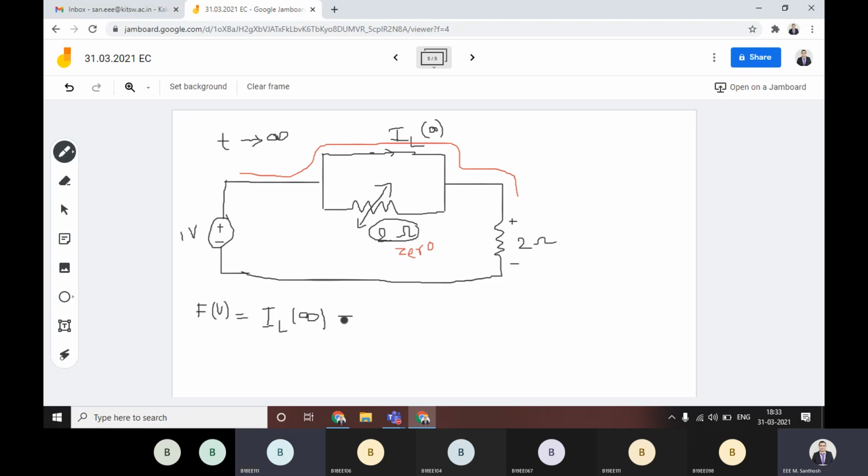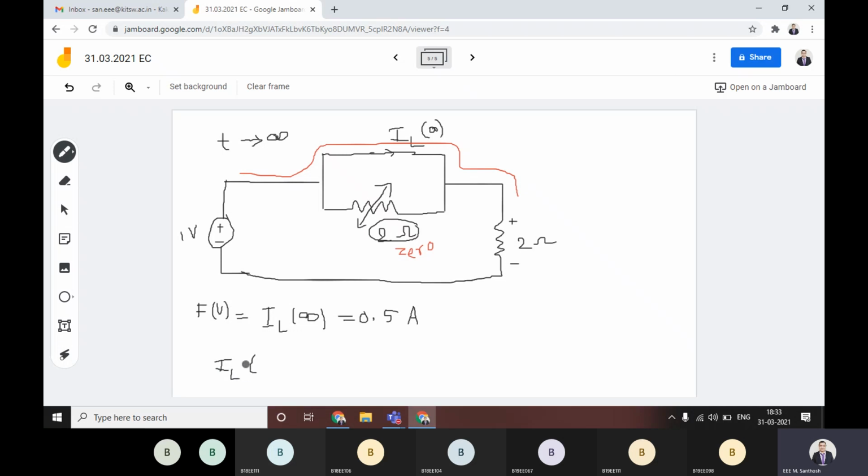Very good. That is actually the final value of the current. How we are getting this 0.5 is simply we have a 1 volt voltage source connected directly to the 2 ohm resistor. For that reason, you will have 0.5 amperes.